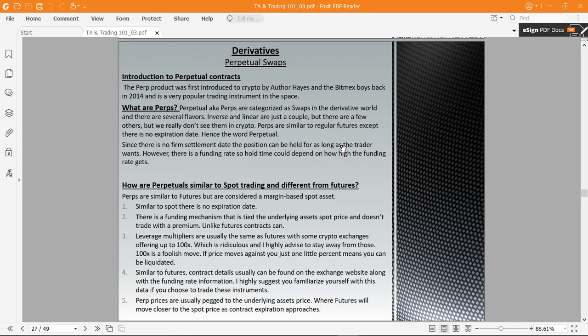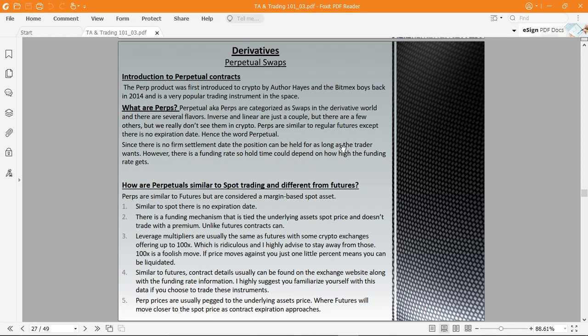And they're similar because it's a margin-based spot asset. There is a funding mechanism that is tied to the underlying asset's spot price and doesn't trade with a premium, unlike futures contracts can.